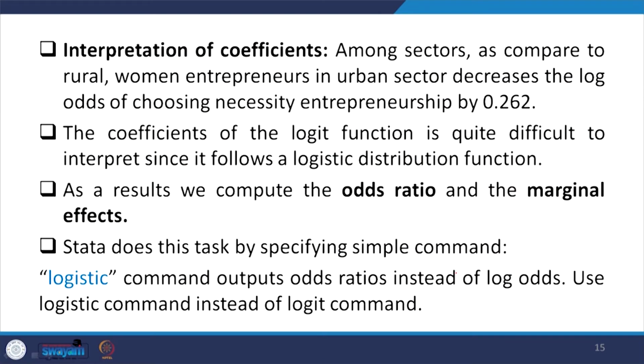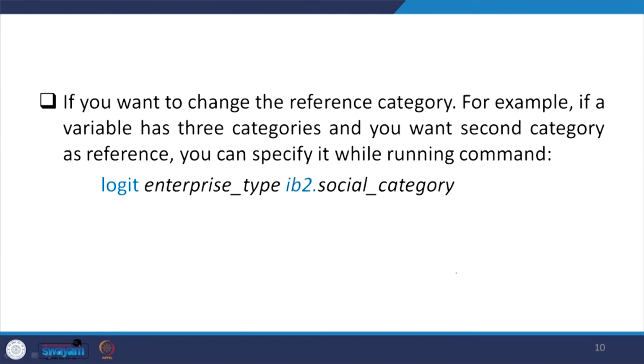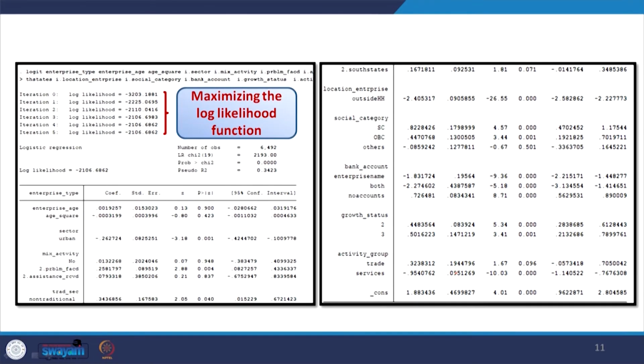Coming to the interpretation of the coefficient further, among sectors as compared to rural, being a woman entrepreneur in the urban sector decreases the log of odds of choosing necessity entrepreneurship by 0.262. So the log of odds is negatively related to being a necessity entrepreneur.